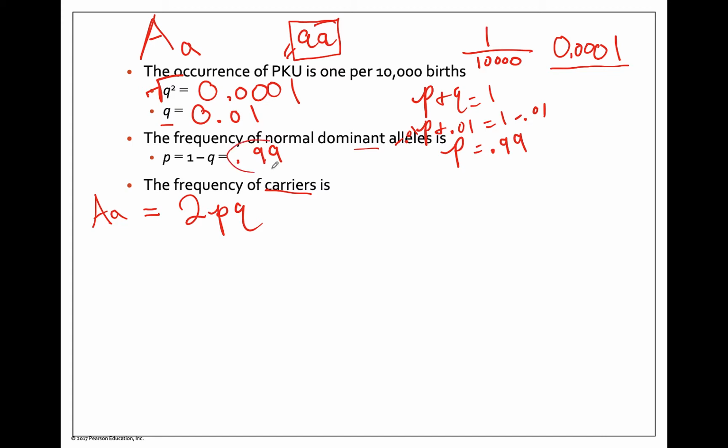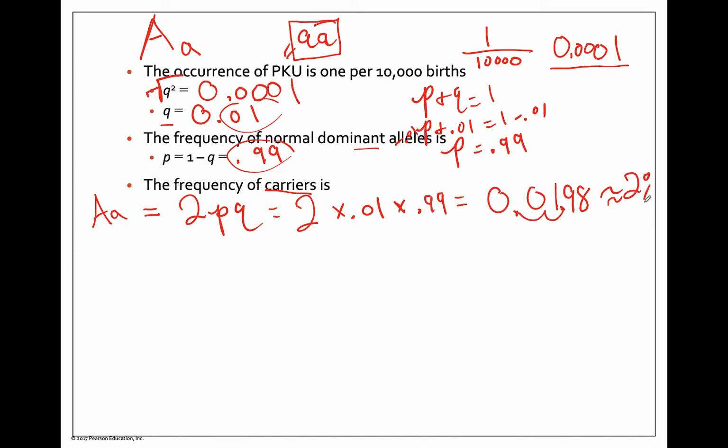Well, we already have p and we already have q, so we can go ahead and figure this out. 2 times 0.01, which is q, times 0.99, which is p, is going to equal 0.0198, which is approximately 2% of the population are carriers for this disease.